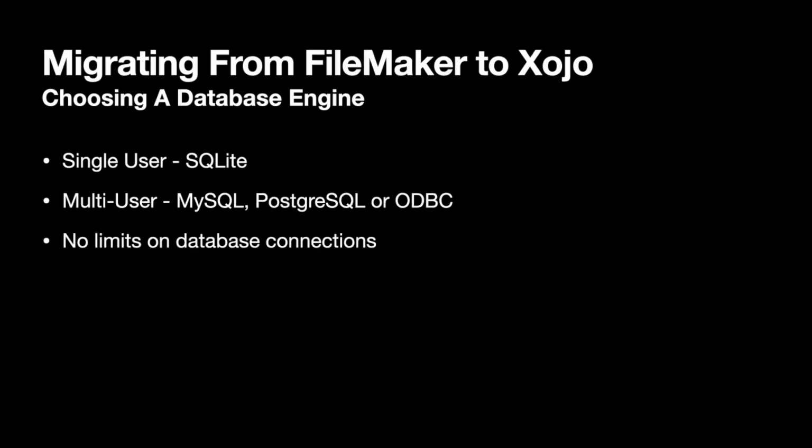In other words, you could have an application that talks to a SQLite database locally, but also has a connection to a MySQL database and a PostgreSQL database and talks to something else through ODBC. There's really no limits at all to the number of databases and the number of different types of databases that any one Xojo application can talk to.